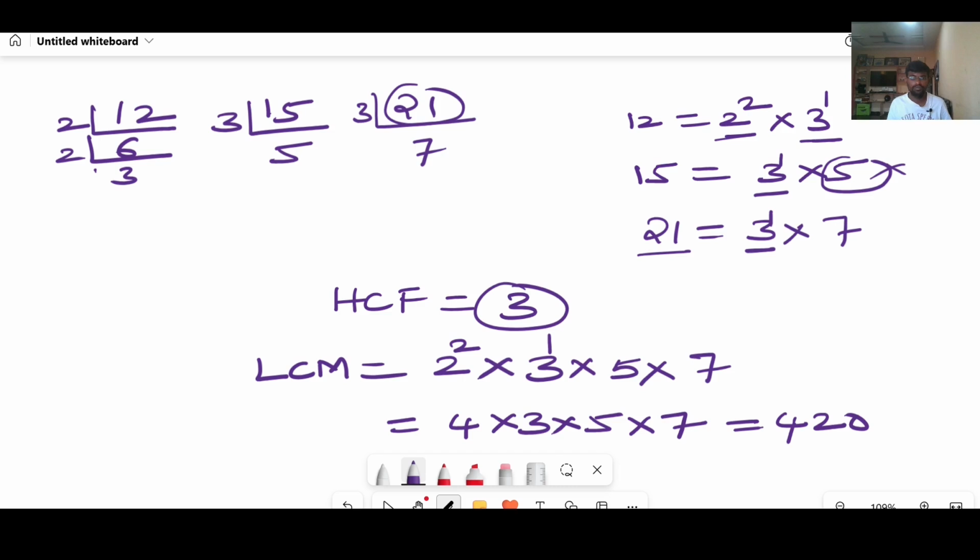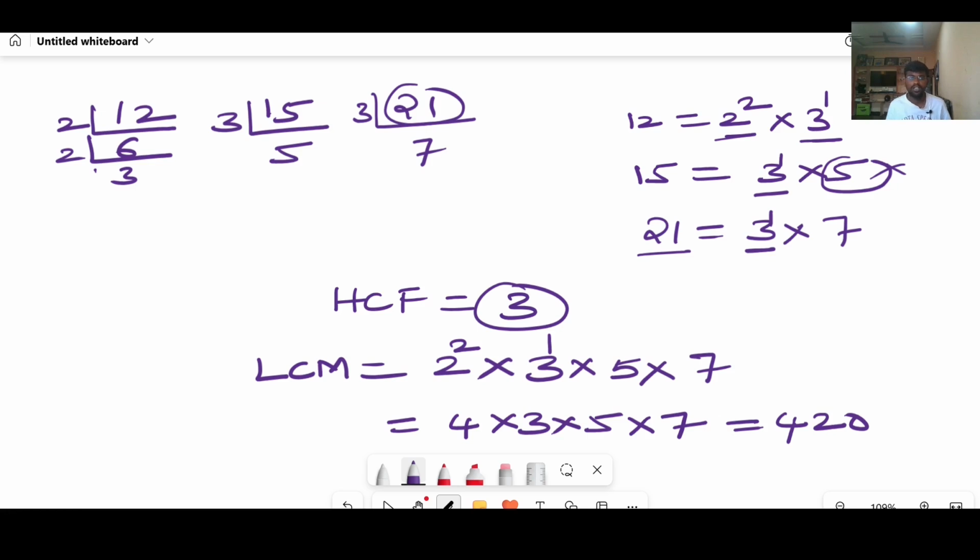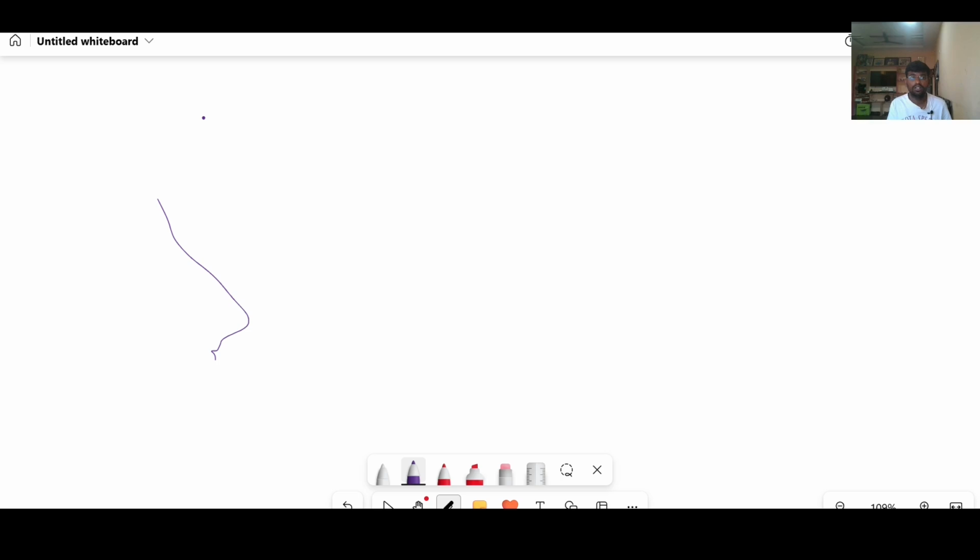Right, now next question. Check whether 6 power n can end with the digit 0 for any natural number n. We have done this question previously, and again I will explain. We have done it previously for 4, and here I will explain orally.